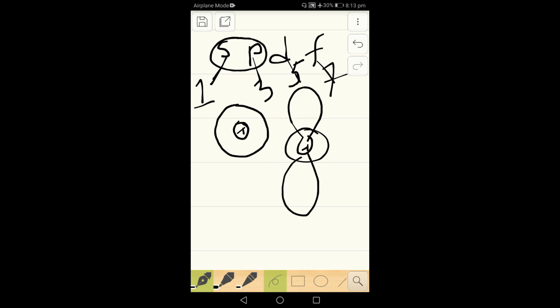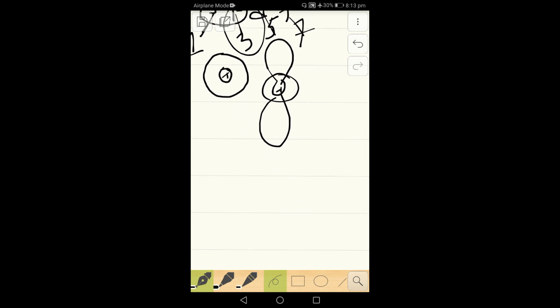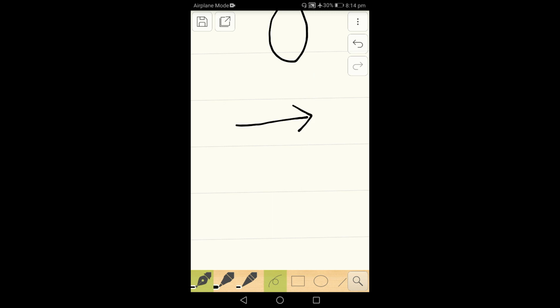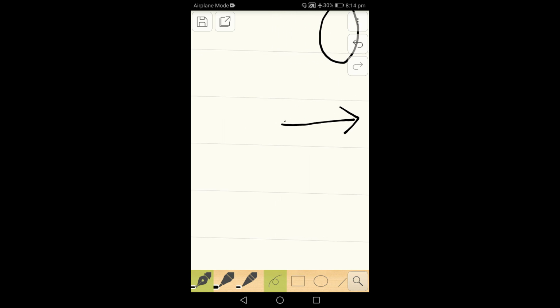For example, of the 3 p orbitals, one of them is along the x-axis, and we would call it px.